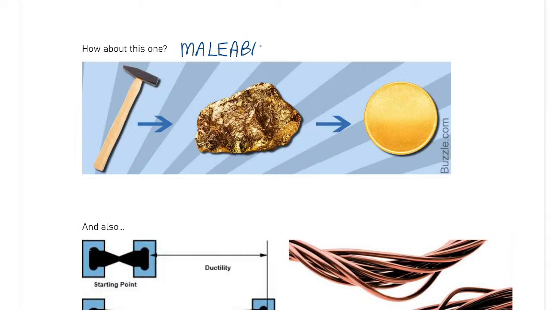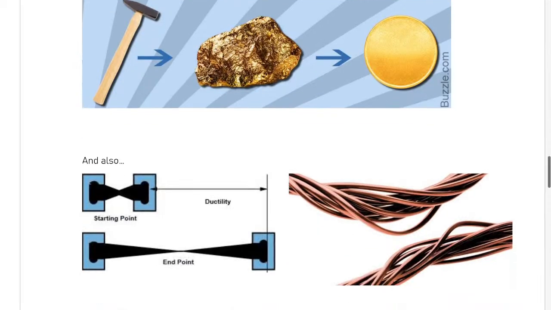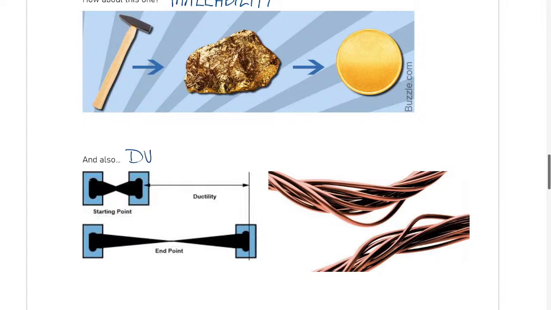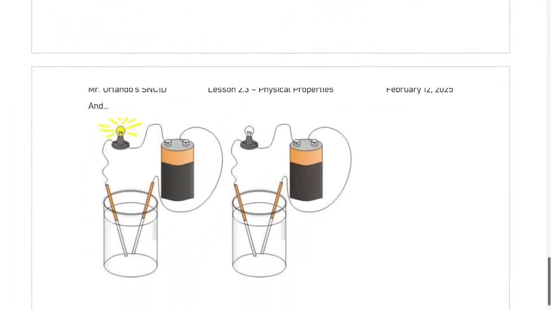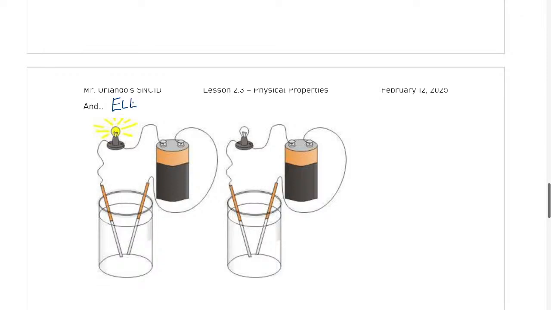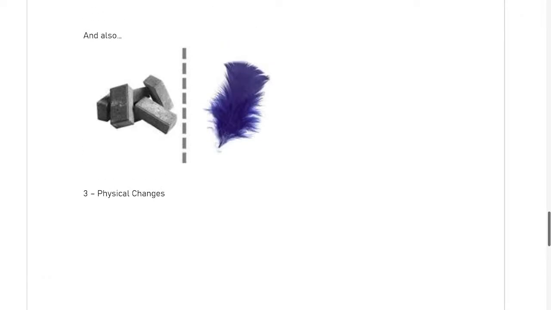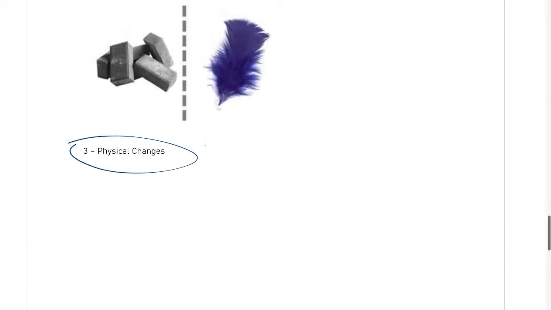And the one after that, we have ductility. All right. And then finally, we have electrical conductivity. And finally, texture. And I don't want you to worry about this section here that says physical changes. We'll talk about this together tomorrow.